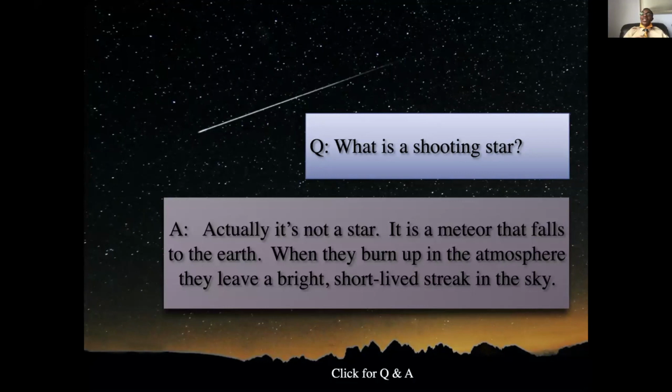Shooting stars are actually not stars at all. It's a meteor that is passing through the earth but is burning as it does so. And what we see is actually the meteor burning as it enters or passes through the atmosphere. Remember, these things are passing at such a terrific speed, and there is a lot of friction.